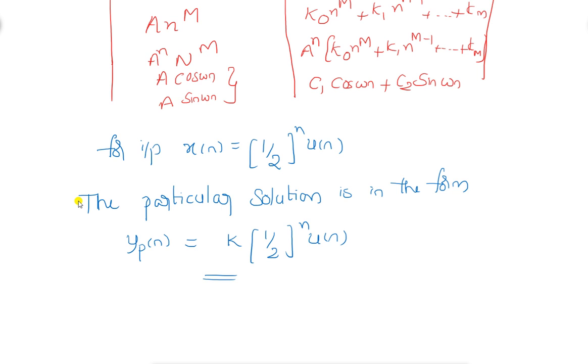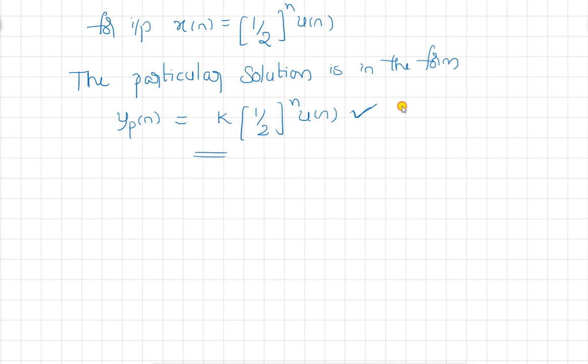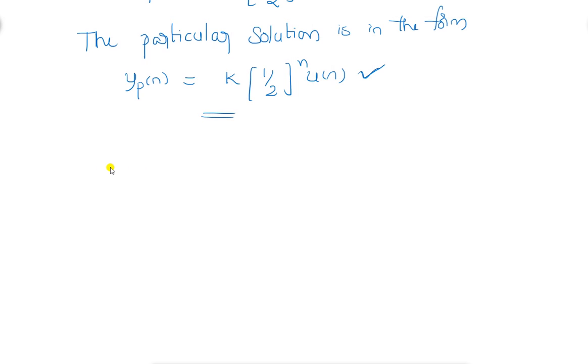According to the type of input, you should write the y particular solution. Once you define this form, the rest of the process is very similar and very simple also.